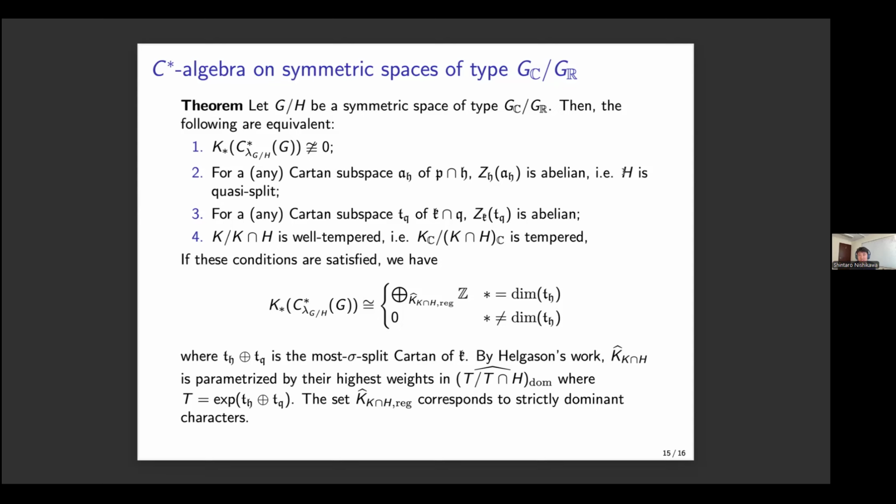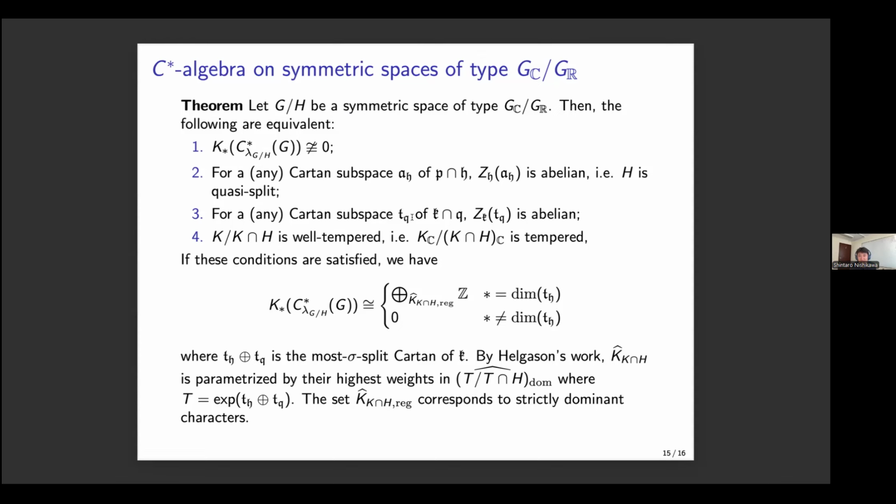People say H is quasi-split. Sorry, I mixed up the explanation. Anyway, the maximal abelian subspace of P cap H, you take its centralizer, and that's abelian, equal to H quasi-split. That's if and only if K-theory is non-zero. And if you take a multiplication by i, it corresponds to this condition.